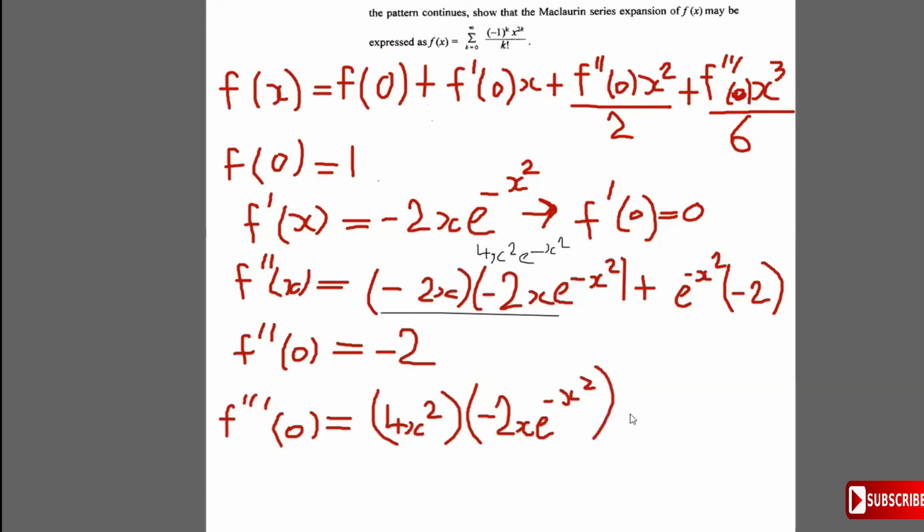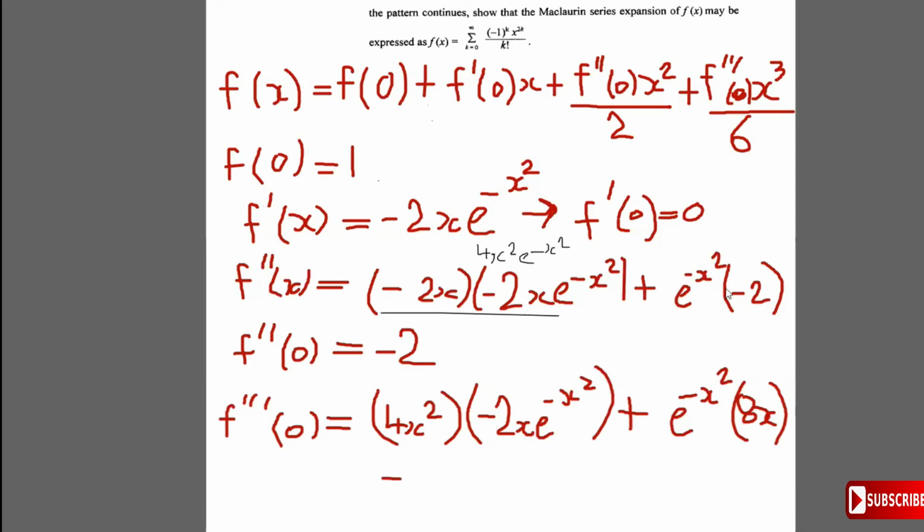plus keep the second, which is now your e to the minus x squared, times the derivative of your first. When you differentiate 4x squared, you're going to get 8x. And then you're going to have to differentiate e to the minus x squared times minus 2.